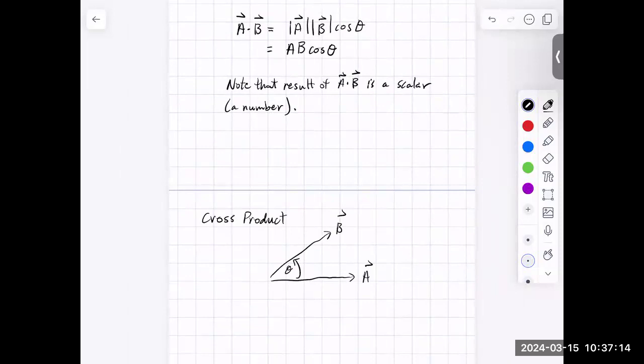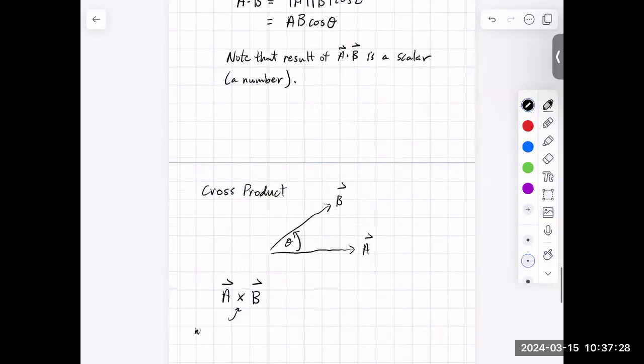So the cross product is A, and then the symbol is just this little X. It looks like a multiplication symbol, but this is not ordinary multiplication. It's not the same as 2 times 4 is 8 or anything like that.